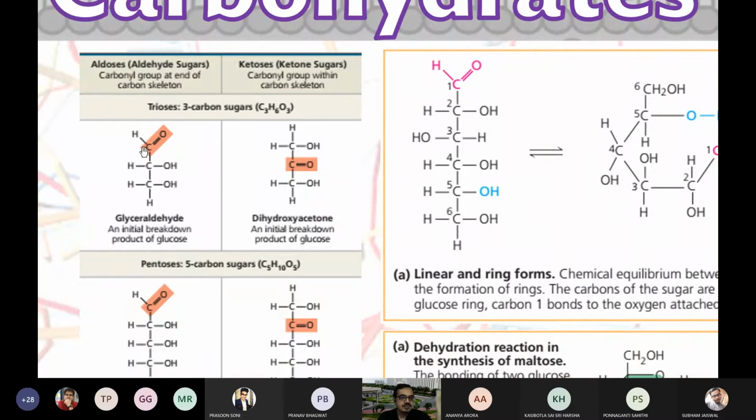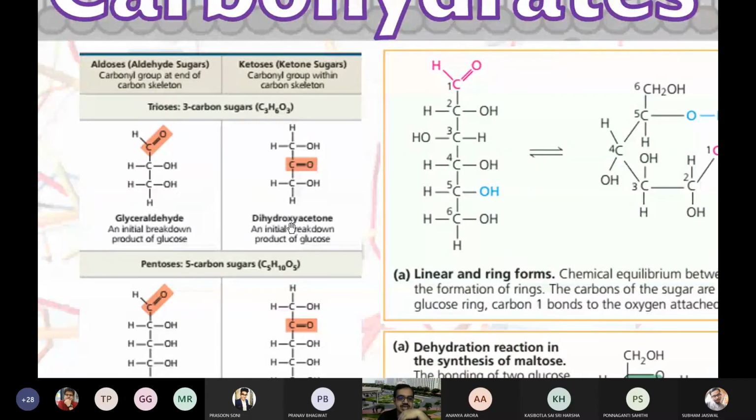But now this OH group is replaced with a carbonyl group, so we call it glyceraldehyde. This is a major intermediate in the glucose breakdown pathway. When we eat glucose, and this pathway is called the Krebs cycle, we get ATP out of this glucose. These are the intermediates in that pathway.